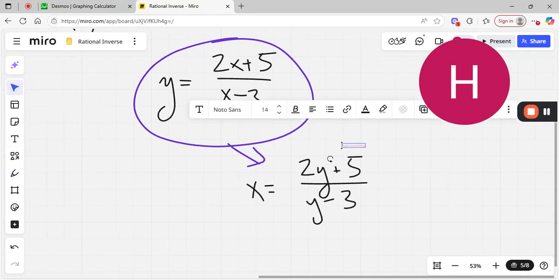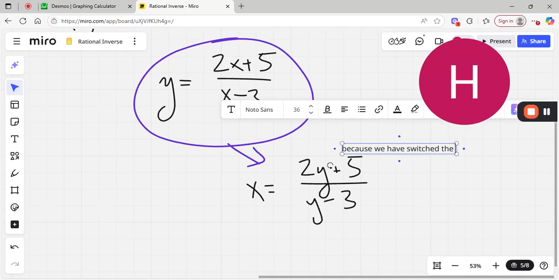Because we have switched the x and y, we now identify y as f inverse.